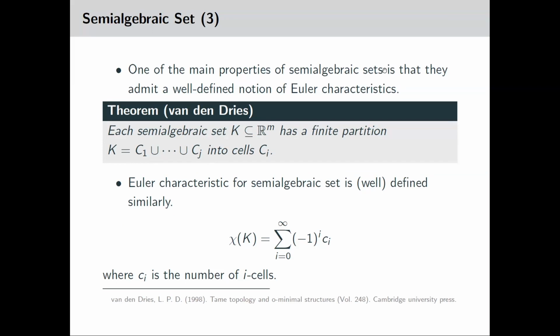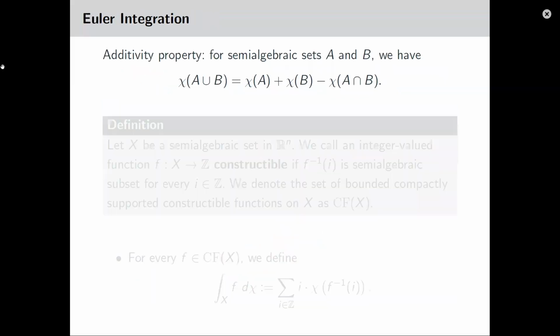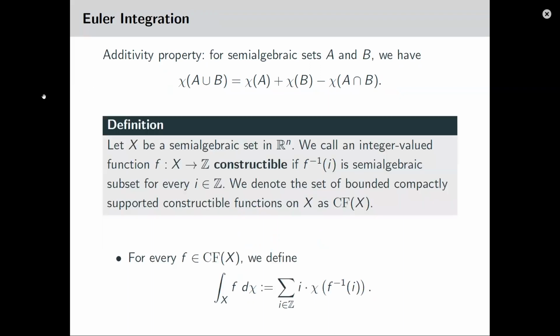One interesting property of this Euler characteristic is that it can be used to define an integration over semialgebraic sets. First, to define an integration, we need the additivity property, and fortunately, we have this property for the Euler characteristic. Also, as not all functions are integrable, we need a certain class of functions, like measurable functions in measure theory.